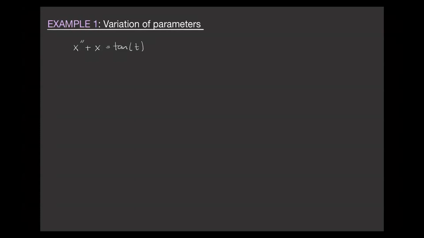Now you could try just guessing at a potential candidate, like maybe you just try a tangent of t, but you'll find out that doesn't work. You could try x of p is equal to, you might think, oh, how about a tangent t plus b secant of t? Because secant and tangent are often paired together like sine and cosine are.